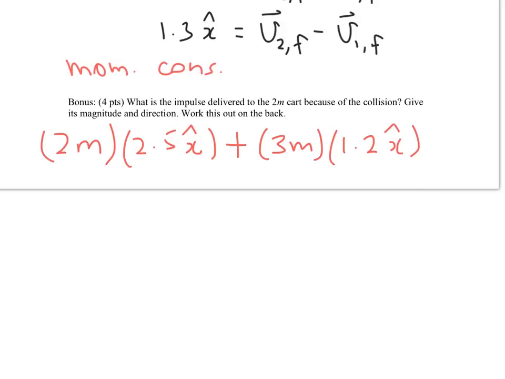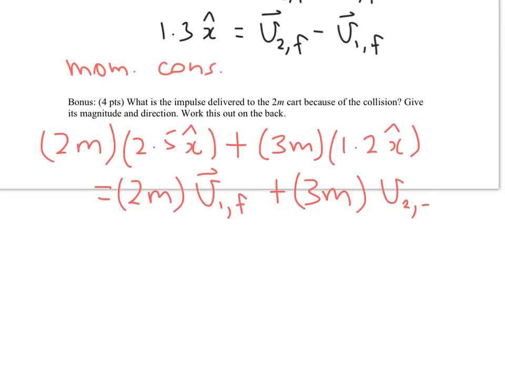This must be equal to the momentum after collision, which is the mass 2m times the final velocity, v sub 1f, plus the mass of the second card times its final velocity, v sub 2f.